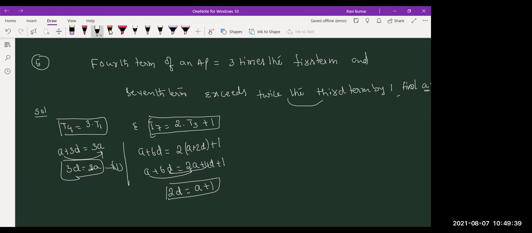We got 2 equations in total. From the first, D equals 2A by 3, or not? Substitute this in the second equation.